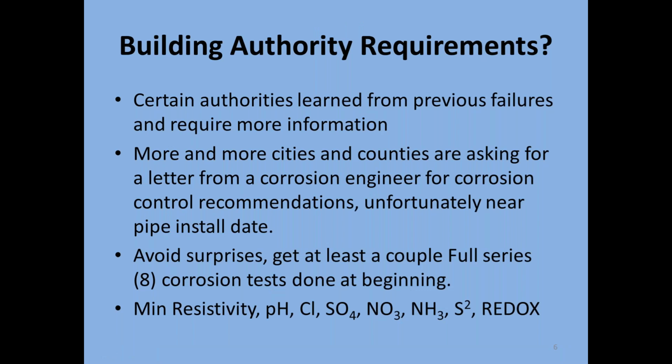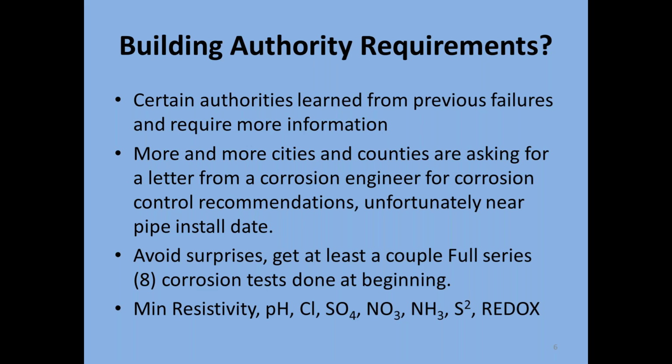So the building authorities, like the cities, the counties, water districts, often they've suffered some failures that led to them not wanting to suffer those types of surprises ever again. So they've been requesting more and more letters from corrosion engineers for various projects. So to avoid surprises, it's always a good idea to get at least a couple of soil samples from a site and test it for a full series.